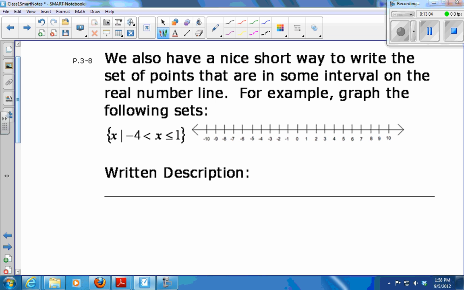So my written description is all numbers between -4 and 1. Does it include the -4? No, because it's strictly less than. Does it include the 1? Yes, because it's less than or equal to. Okay, between -4 and 1, including the 1, but not the -4.